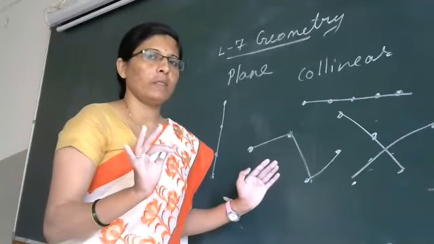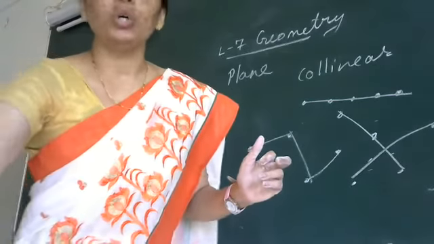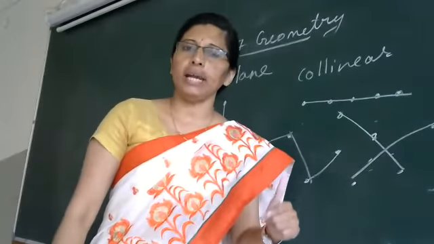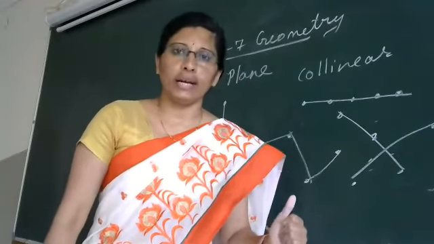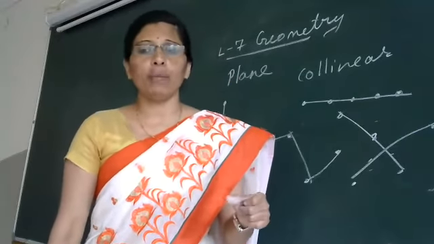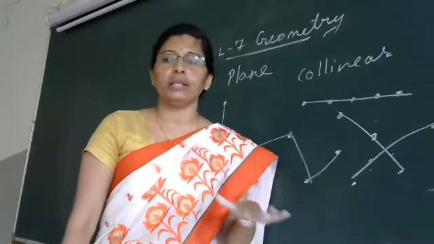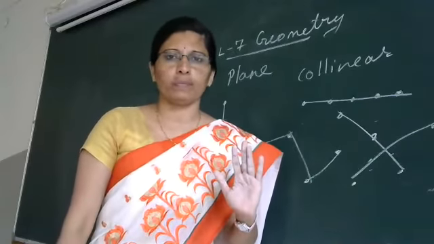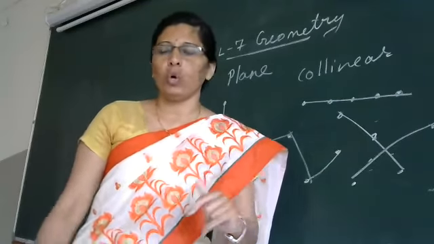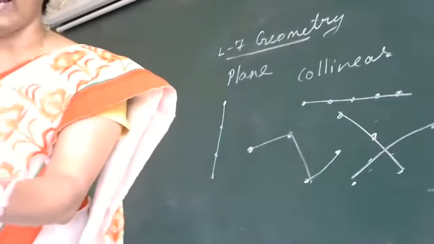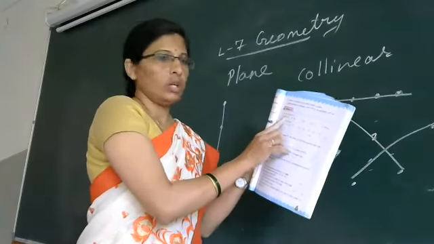Understood all? Yeah, ma'am. So today we saw about point, line segment, ray, concurrent lines, collinear points, plane and non-collinear points. We saw these things. So based on that, you can see exercise 7.1.